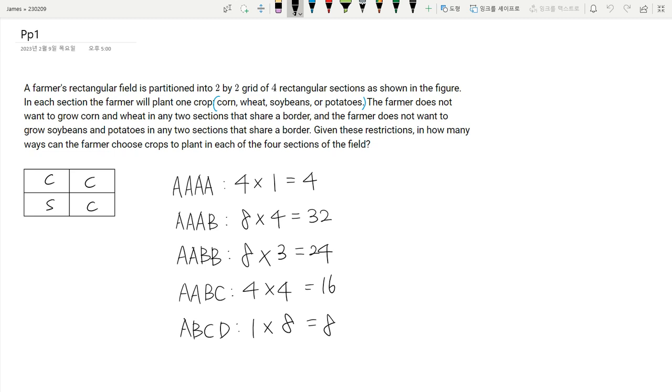And the third case is we want to plant two of the fields with one crop and two of the fields with the other crop.